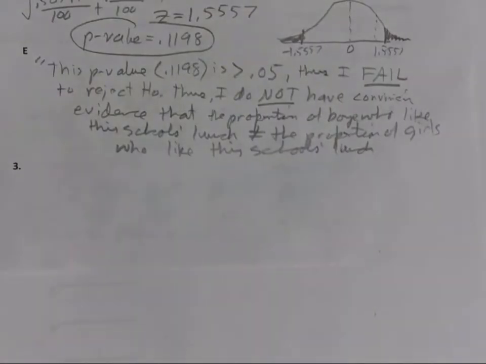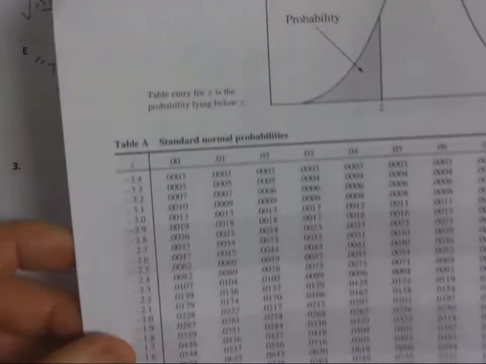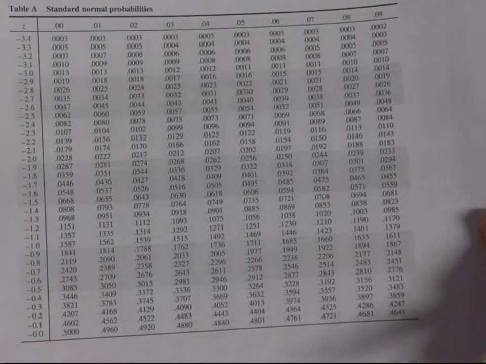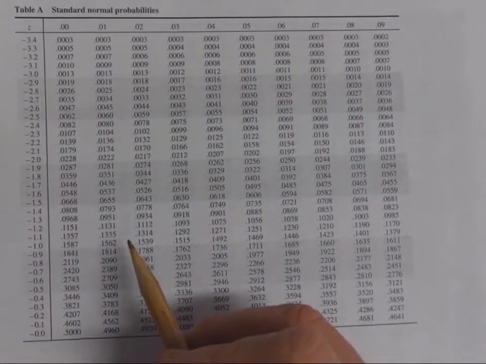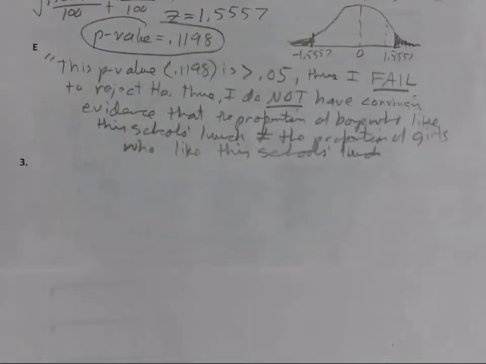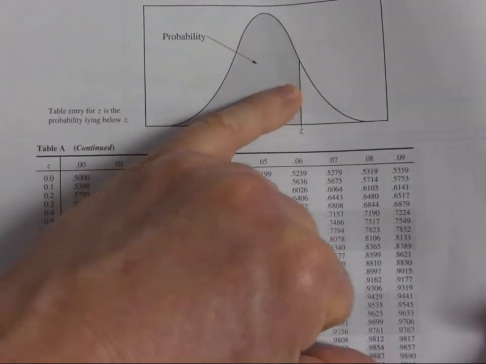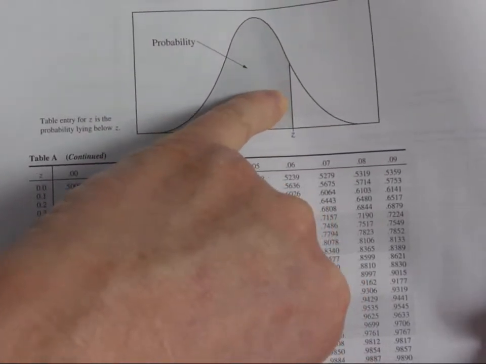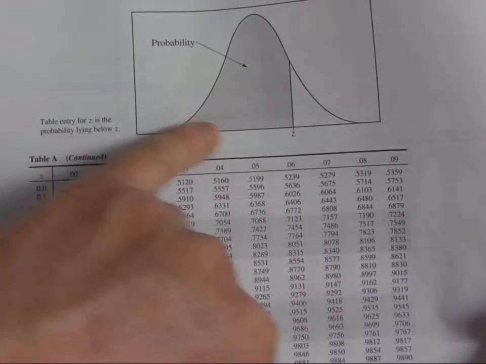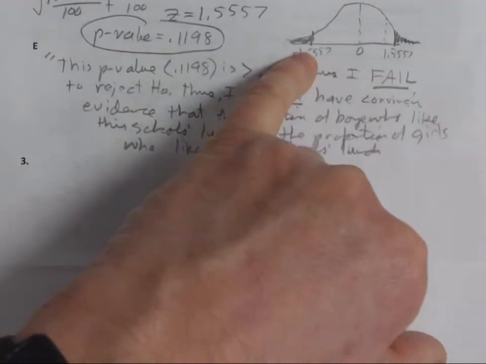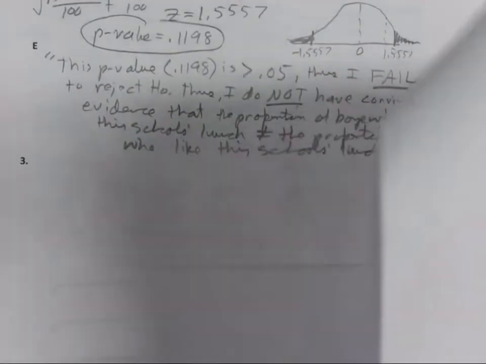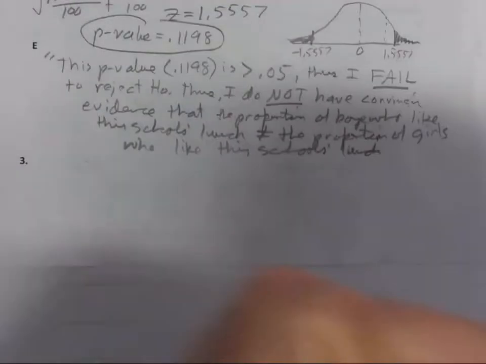Or you could use your table, your Z table. So let me remind you in regards to that. You would go to 1.56. On my table A, the thing about it is, it's always giving me the area to the left of my Z-score. So I'll have to use negative 1.56, or to the left of that.